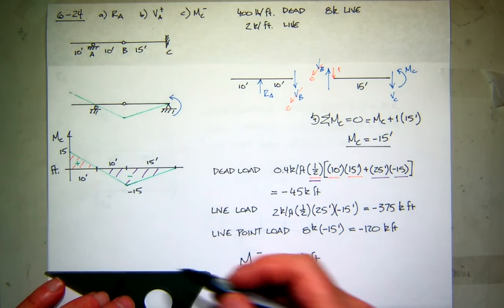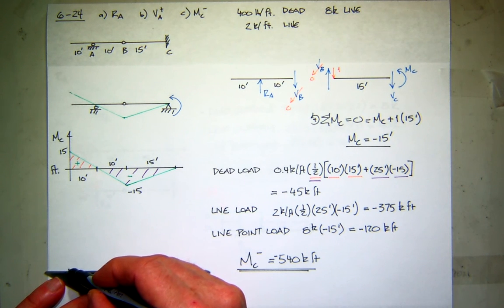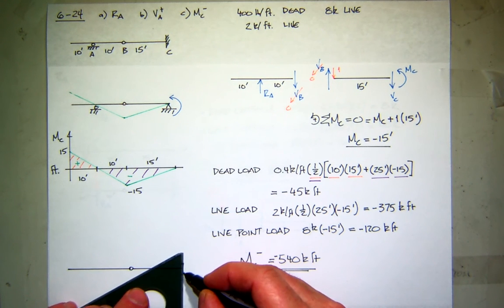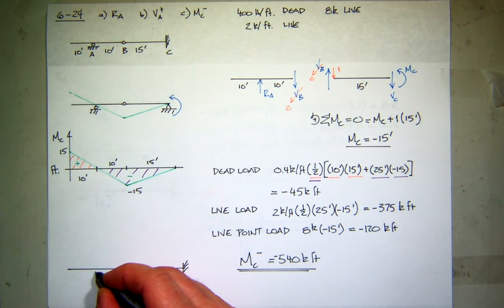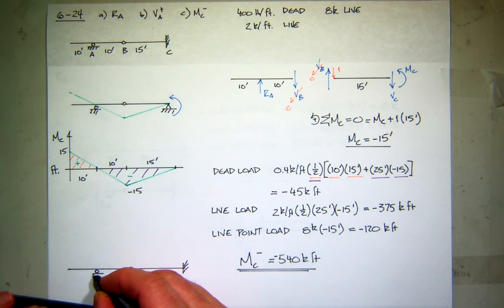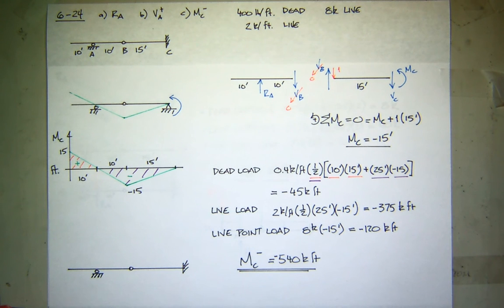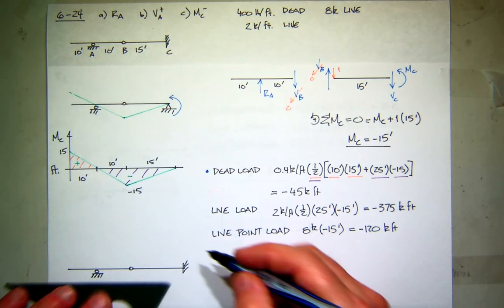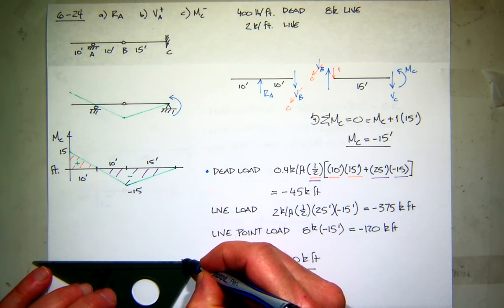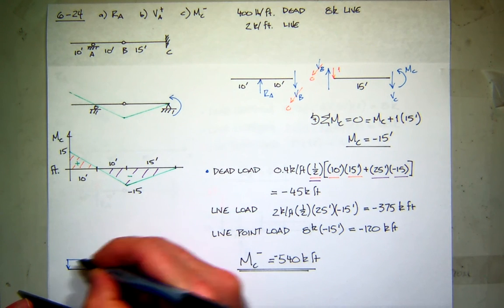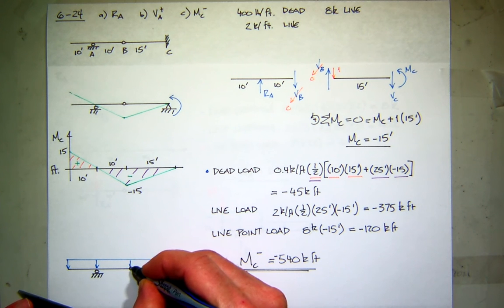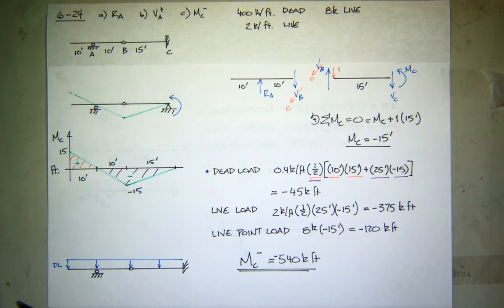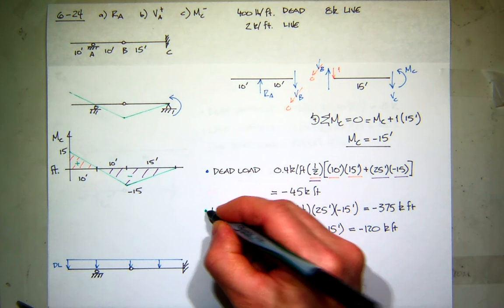So what does that look like? So I'll redraw the beam here. Don't think I have it to scale, but I think you'll get the idea. So there's the original beam. If I start with the dead load, well, it goes over the whole structure. So there's the dead load. Then I'll go to the live load. Now, where did I put the live load?